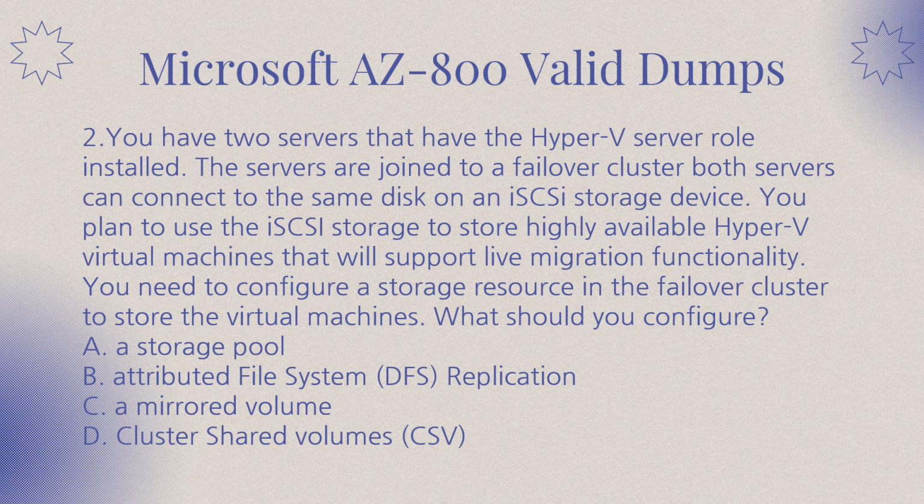You need to configure a storage resource in the failover cluster to store the virtual machines. What should you configure? A. A storage pool. B. Distributed File System (DFS) Replication. C. A mirrored volume. D. Cluster Shared Volumes (CSV).